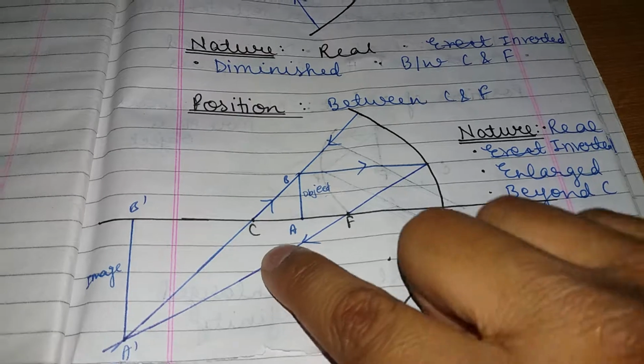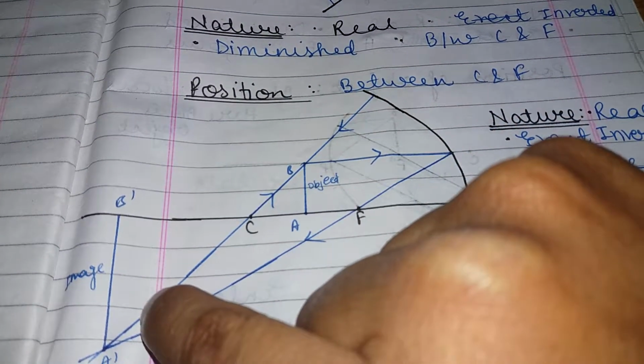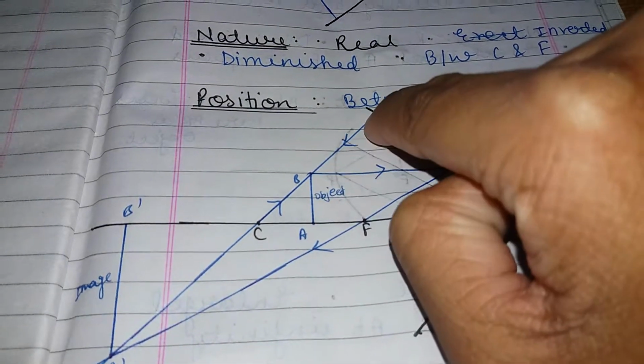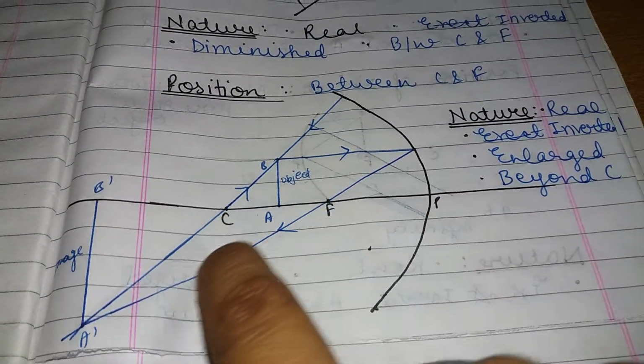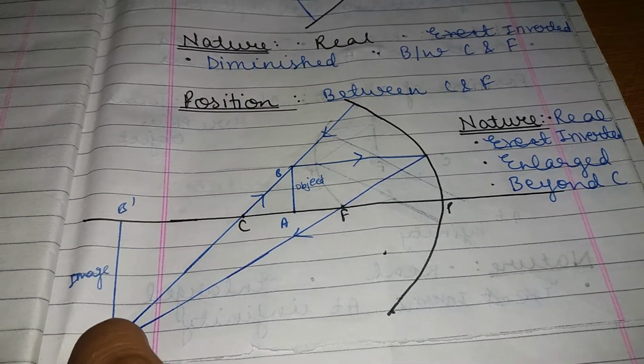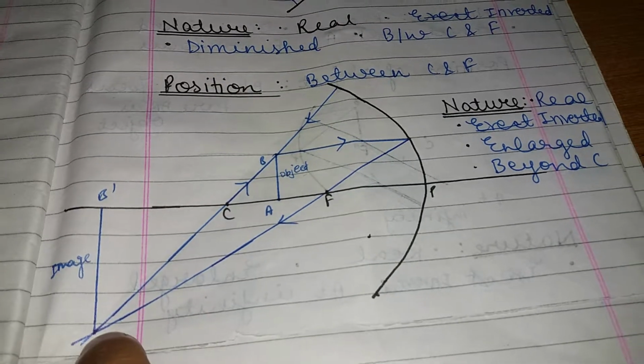When a ray is passing through the center of curvature, then after reflection it will reflect back along the same path. So producing it behind, in a downward direction, we find that the rays are actually meeting.